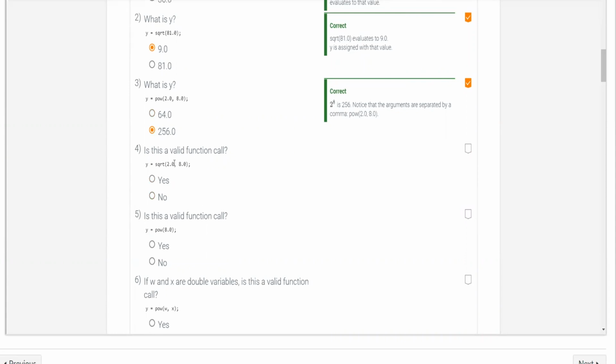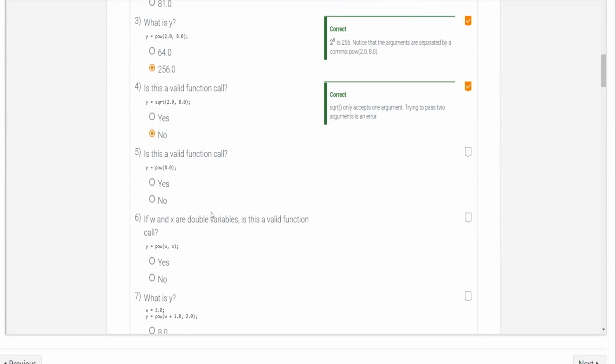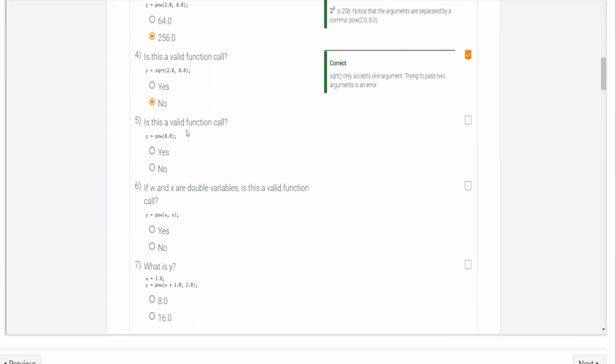Does this work? No, because they have two numbers under the square root, so it is not going to work. Is this a valid function call? No, you don't have the power there. It's just a number. It won't work. And if W and X are double variables, is this a valid function? If you don't have values there, this is a problem.